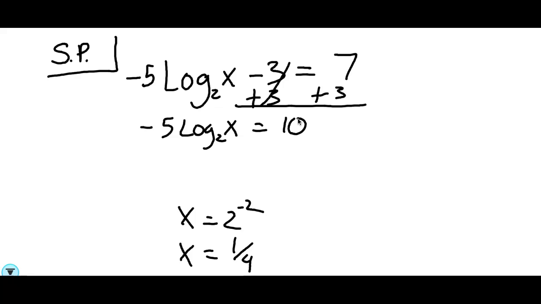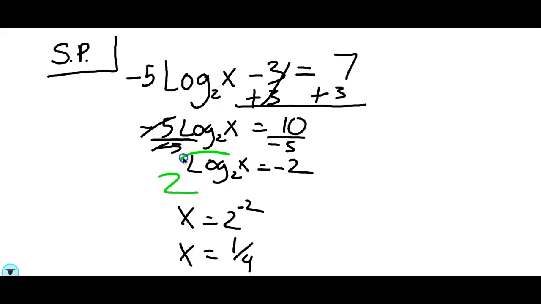Then we should have divided by -5, right? And then when you exponentiate both sides, which means you make this a power of 2 and you make this a power of 2, these cancel, and you're left with what most of you probably got. You can leave it like that if you want to.